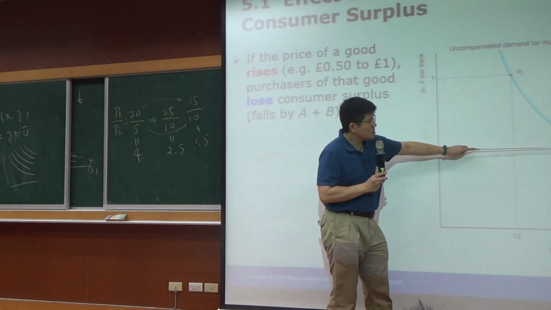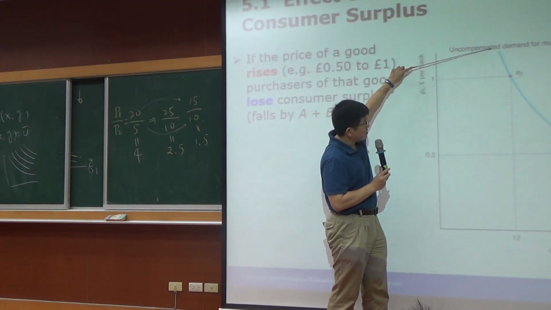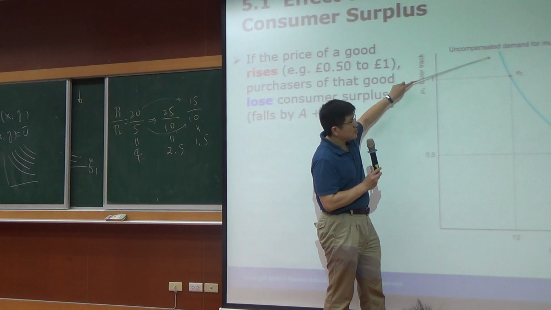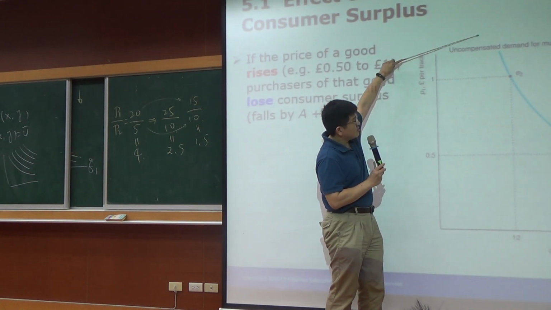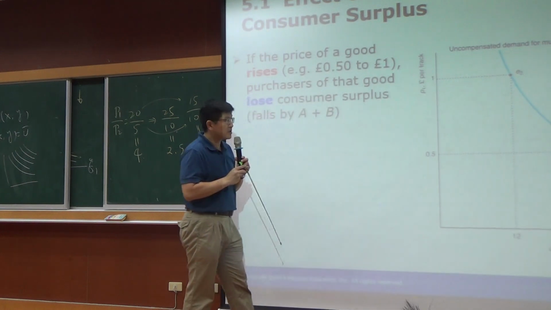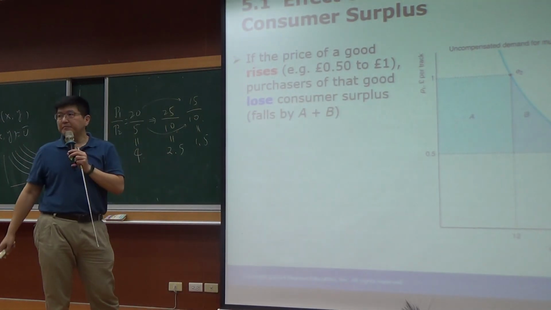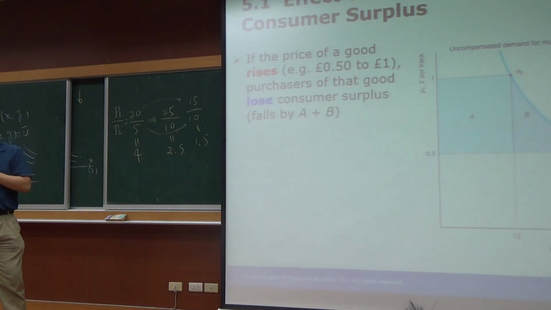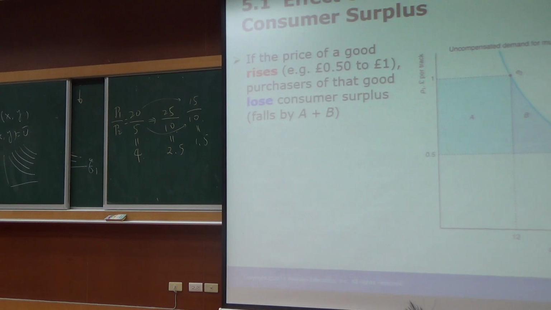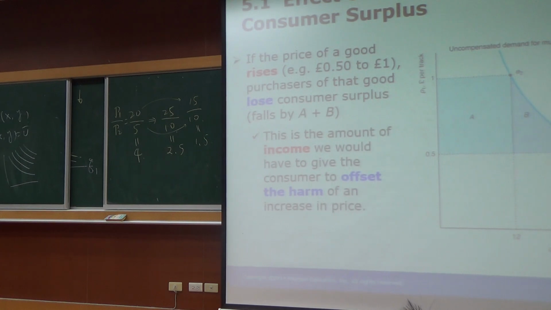So initially this is our what? Consumer surplus. But now the consumer surplus is only this part. So we lose A and B due to the change in price, due to the rise in the price. We lose A and B. Okay, it's easy. Not difficult for you, right?